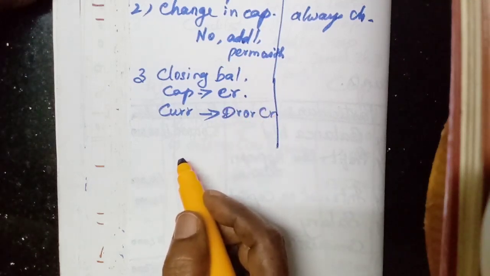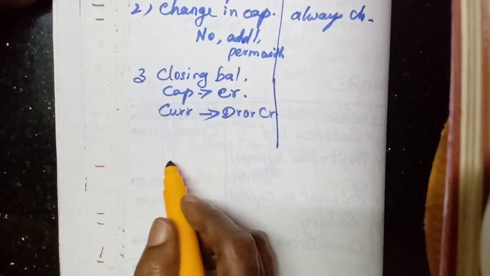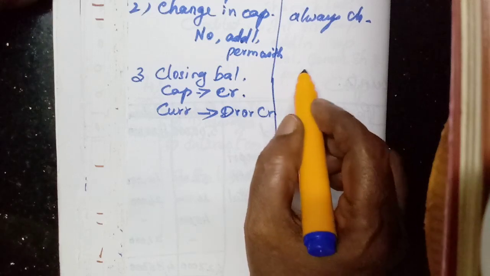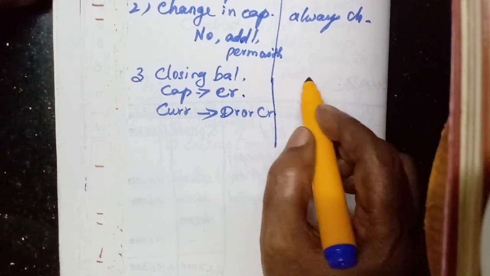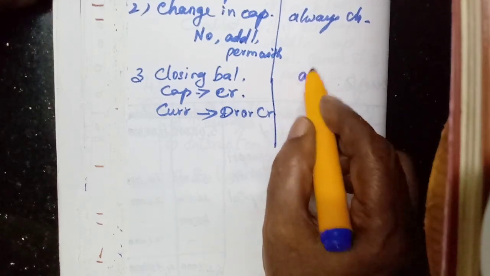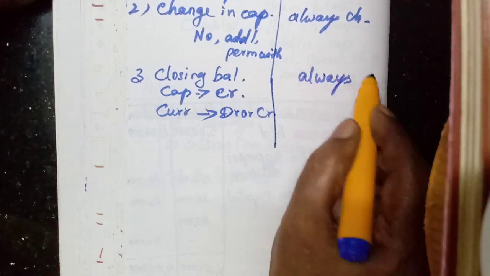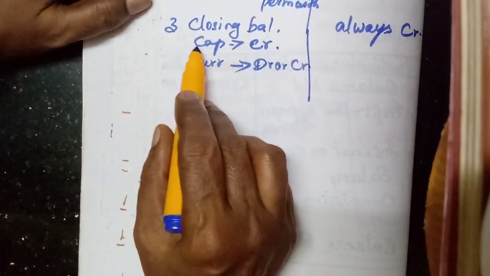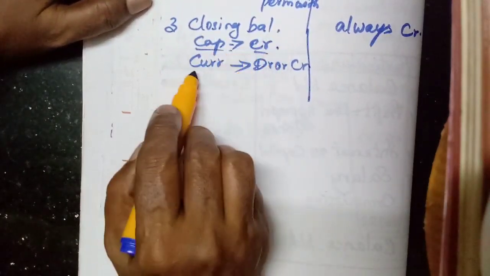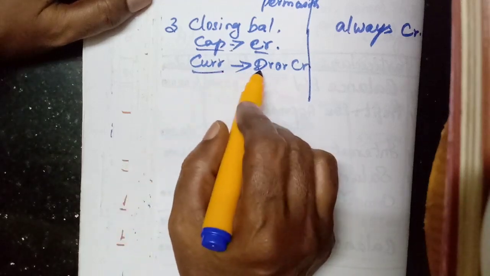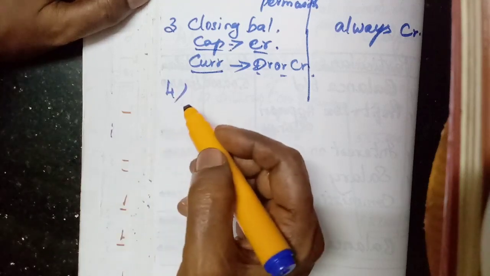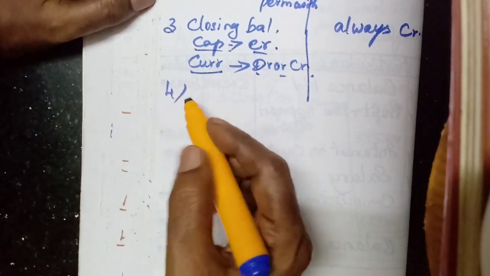Both, either credit or debit balances will be there. But in the fluctuating capital method, the capital balance will be always credit balance. Okay, it shows always credit balance. But here in the fixed capital method, the capital balance will be always credit. But current account balance, either it will be debit balance or credit balance. Okay. Then the fourth one, the adjustments.